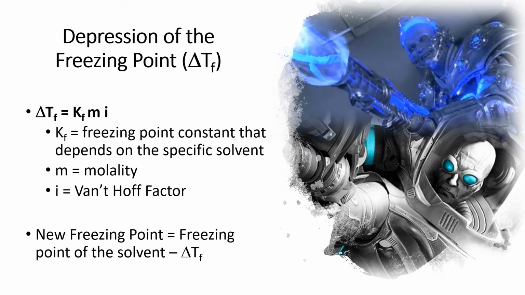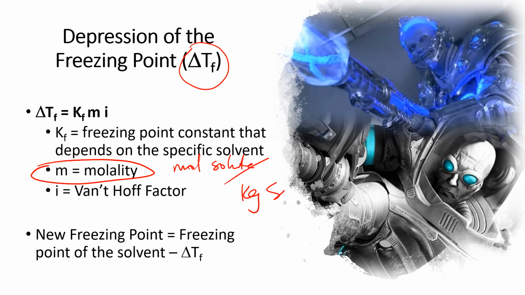Alrighty, so how to calculate depression of the freezing point? Delta TF. So remember, delta means heat, but also means change. So the change in the freezing temperature. It is delta TF equals KF times lowercase m times I. So KF is a freezing point constant, and I will give that to you. Molality from last week. Remember, it's moles of solute over kilograms of solvent.